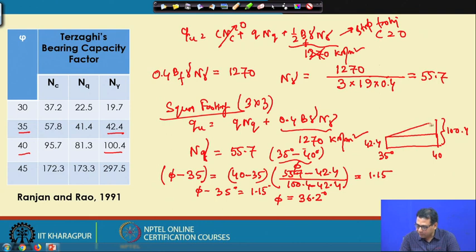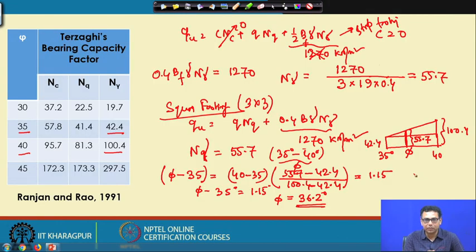So, this value is somewhere here. This is my N gamma value, 55.7, and this is the phi that I want to determine. So, phi is coming out to be 36.2. If you have a phi in between 35 to 40, then N c, N q, N gamma you have to determine by linear interpolation.